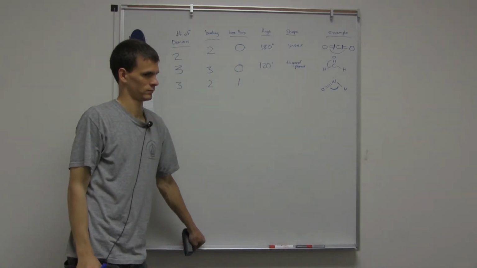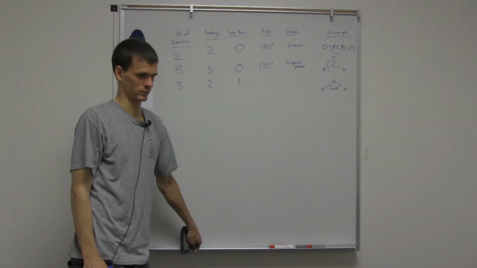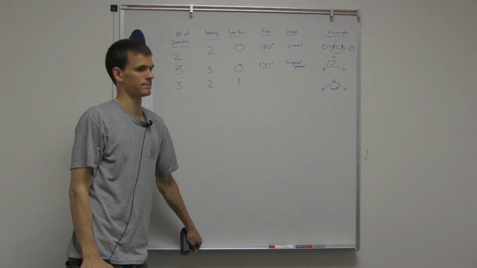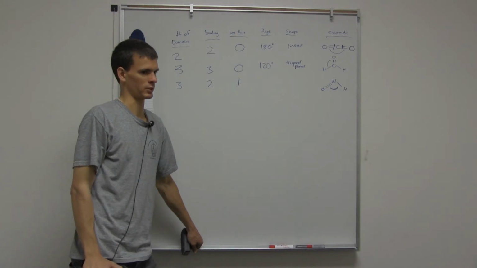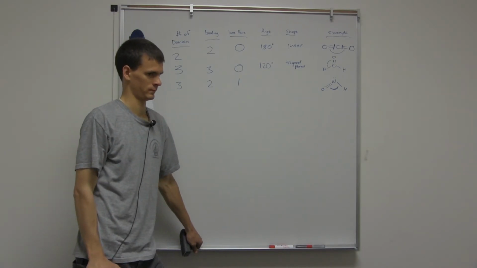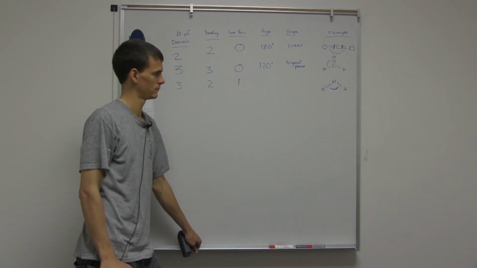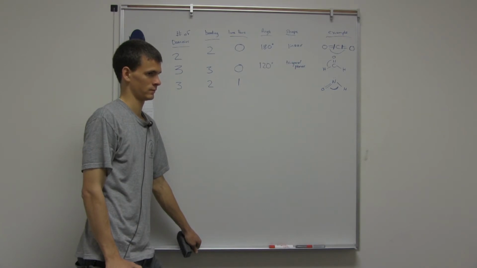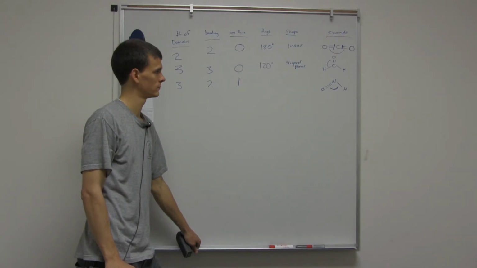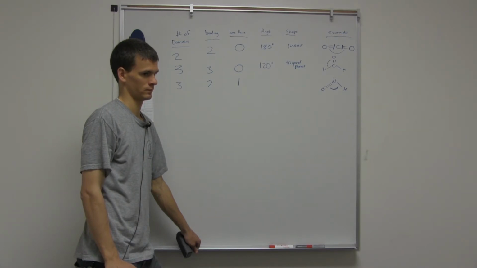So when you're doing the shape, there's 2 different kinds of shapes, right? The molecular and the electron domain geometry. So in this case, we're saying bent. Which was the one where you don't count the electrons? That's molecular geometry.